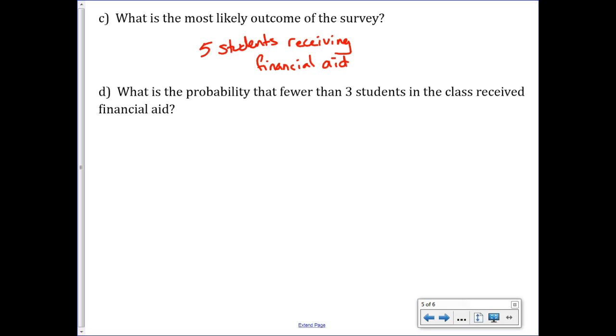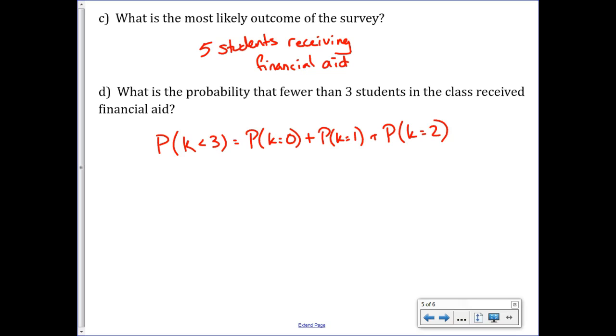All right, what is the probability that fewer than 3 students in the class receive financial aid? So we want the probability that k is less than 3. That would be the probability that k equals 0, or the probability that k equals 1, or the probability that k equals 2. Since it's or, it can be any of those things, so we're adding.